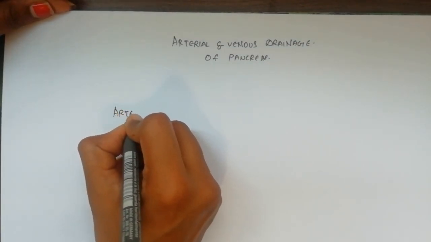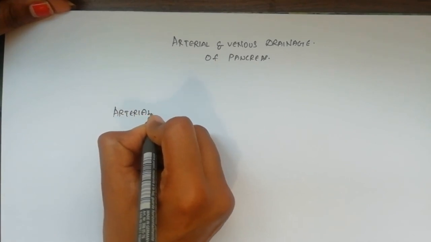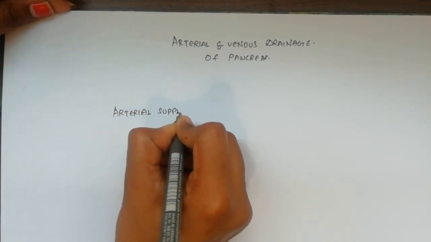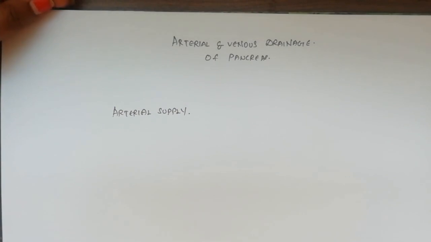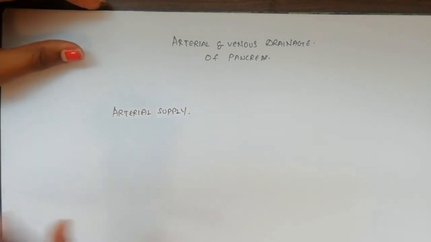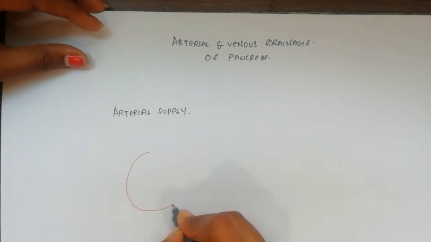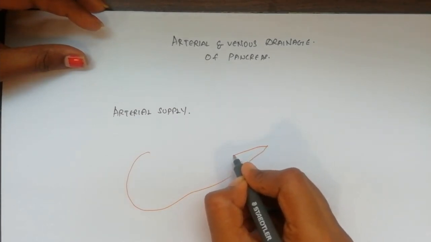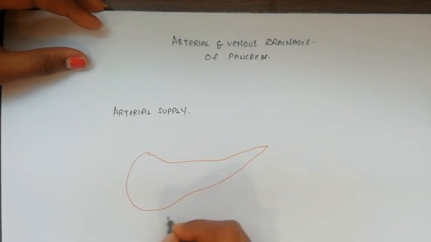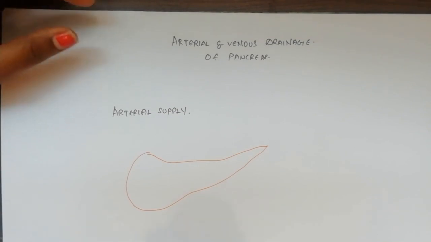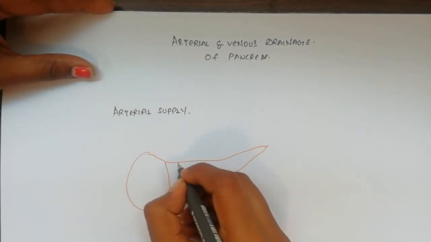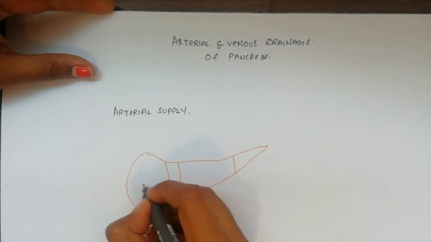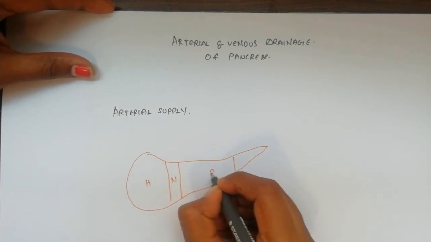We have the gastroduodenal artery, which gives both the anterior and posterior branches of the superior pancreaticoduodenal artery. In the same way, our superior mesenteric artery gives a branch called the inferior pancreaticoduodenal artery, which again divides into two branches.